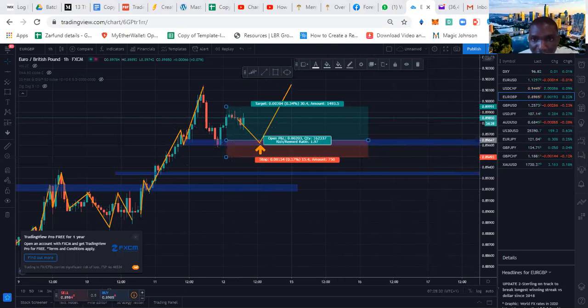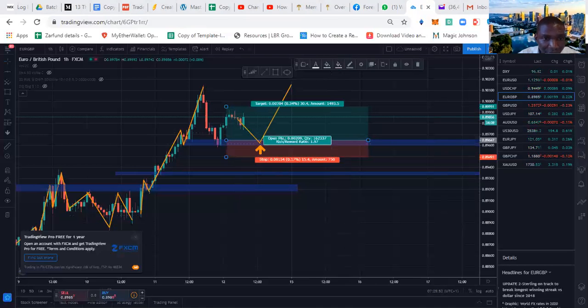Then take profit is at 0.89950. Let's put it as 50.